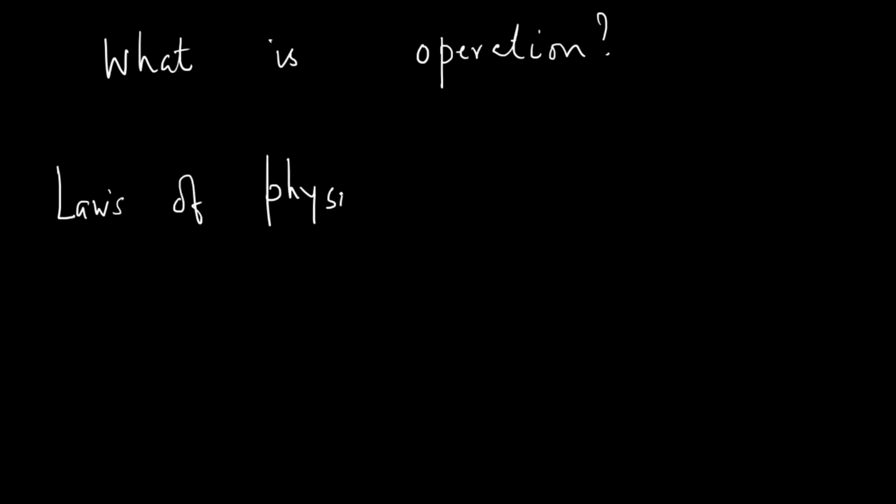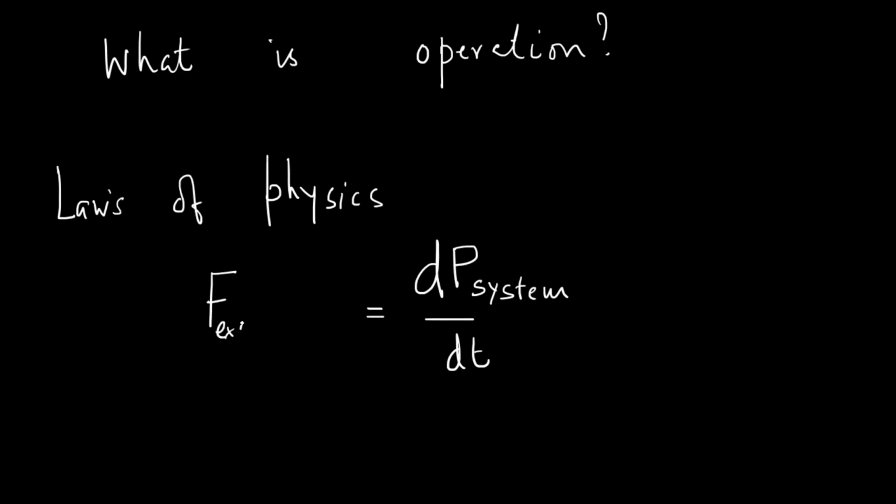So let me again tell you what the laws of physics are that we are exposed to at this minute. This is the key law: the rate of change of momentum of the system, which you understand, is equal to the external force at every instant of time. It looks messy, but it's worth writing all of this.